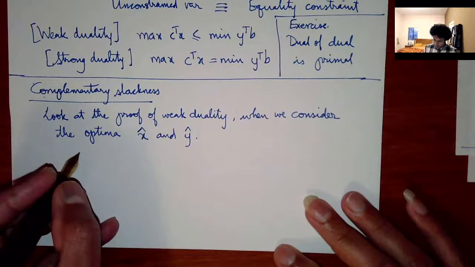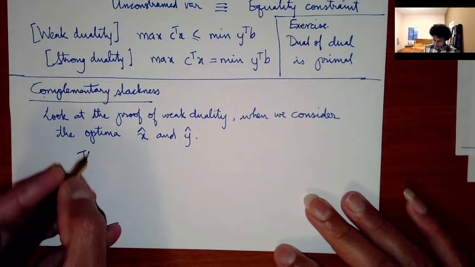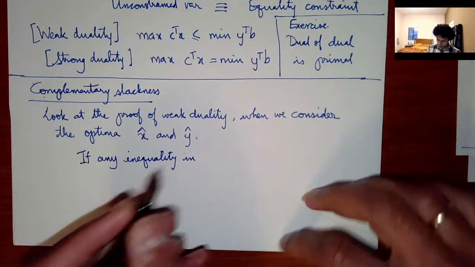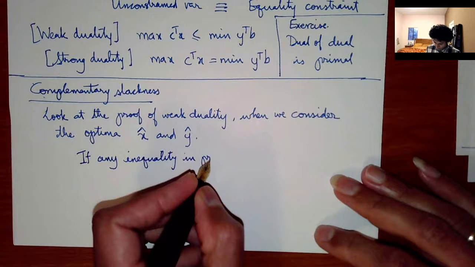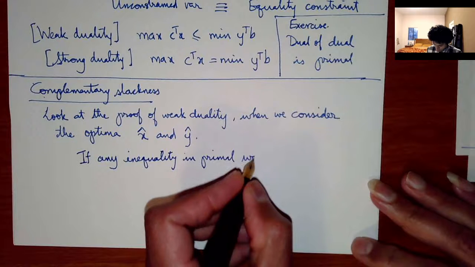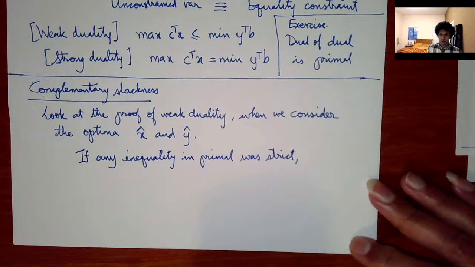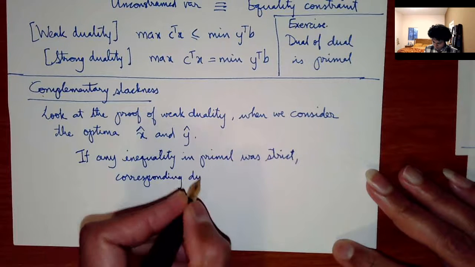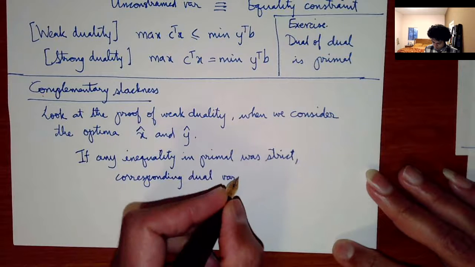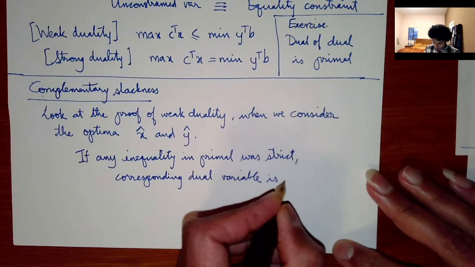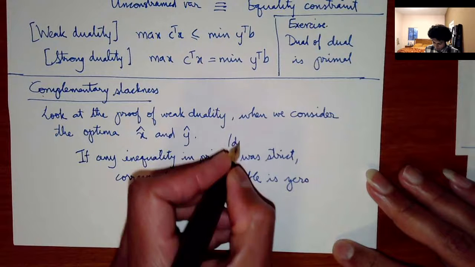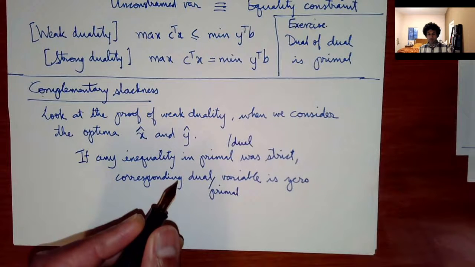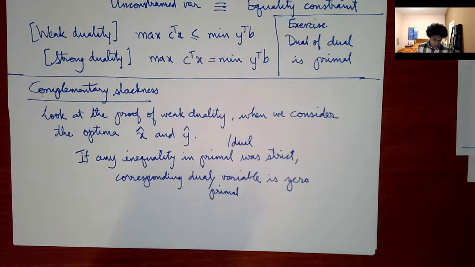It says that if any inequality in the primal was strict, the corresponding dual variable is 0. And you can always flip primal and dual in each of these. So if any inequality in the dual was strict, then the corresponding primal variable is 0.